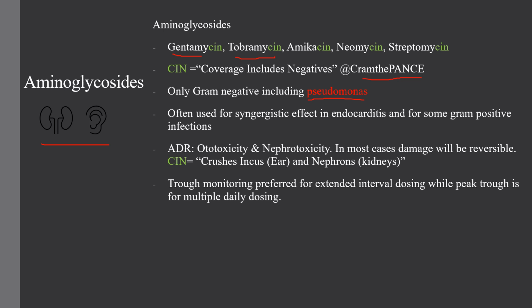Trough monitoring is preferred for extended interval dosing, while peak and trough is for multiple daily dosing. This is a side note that you have to know for the PEBC exams for any pharmacy students out there. And generally you want to hold gentamicin if the creatinine clearance is less than 50 mL per minute, which makes sense because of the nephrotoxicity described earlier.